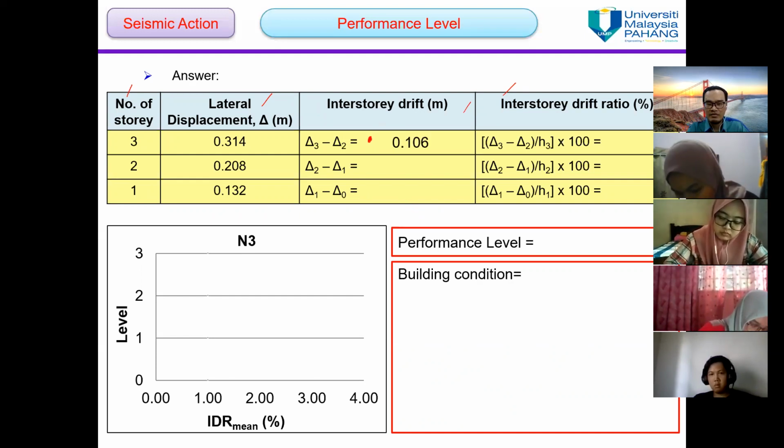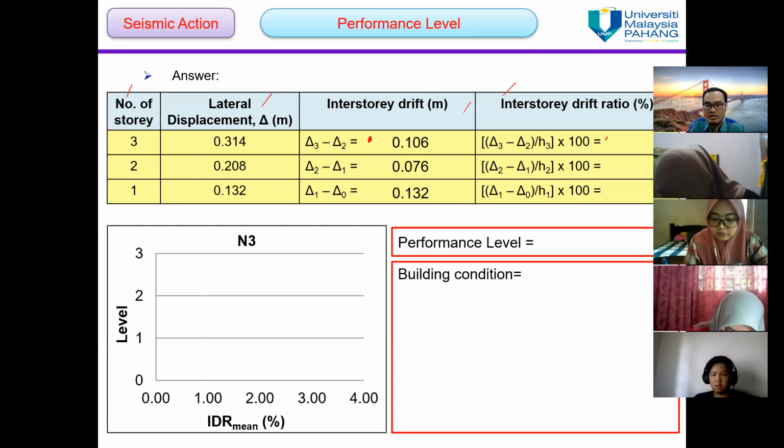Next, displacement 2 minus displacement 1 is 0.076. And then displacement 1 minus displacement 0 is 0.132. And then what is the value of interstory drift ratio here?